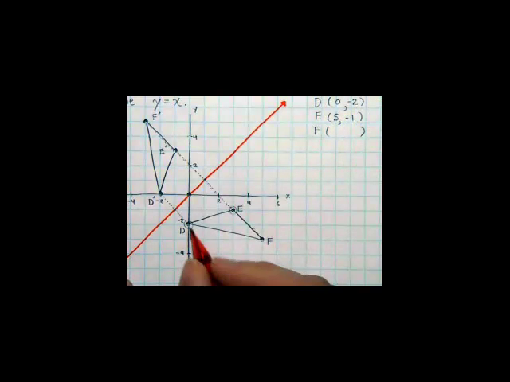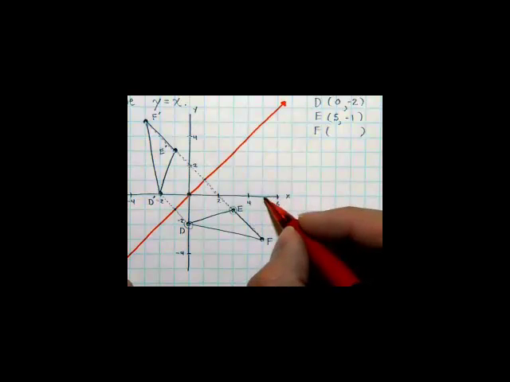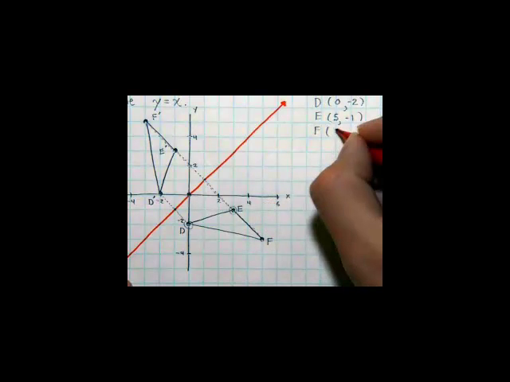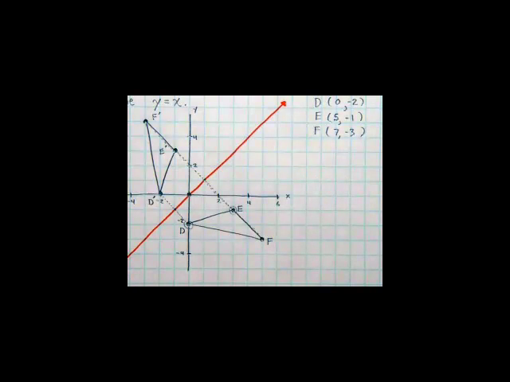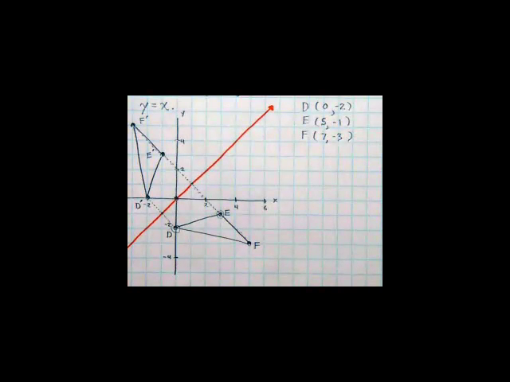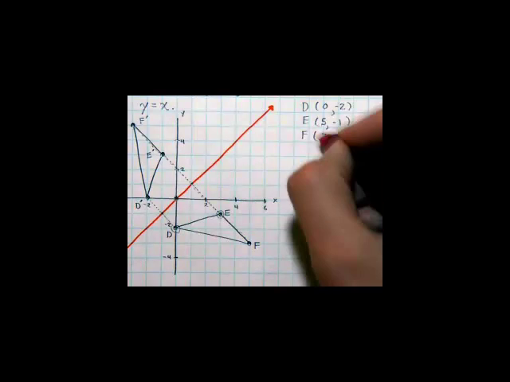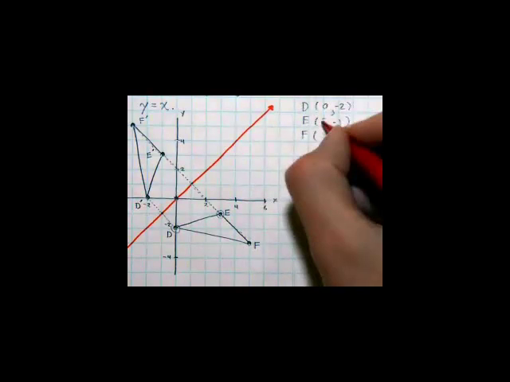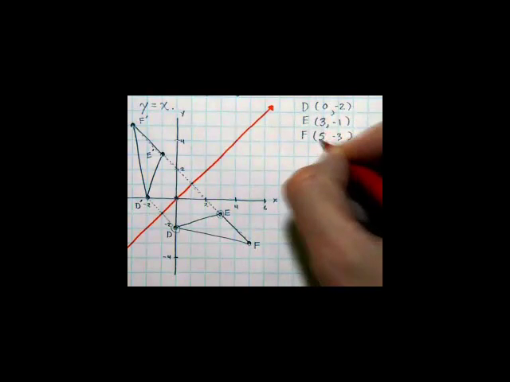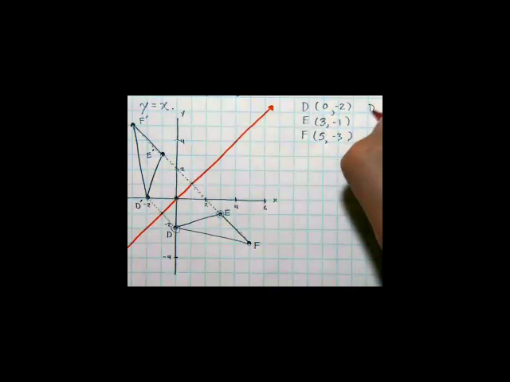And F is at 7, negative 3. I messed up. Wouldn't E be at 3, negative 1? Oh, this is at 5, negative 3. And this is 3. Yeah. It's a 3 and a 5, not a 5 and a 7. Okay. Anywho. D prime, E prime, F prime.